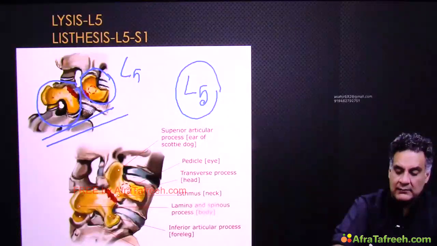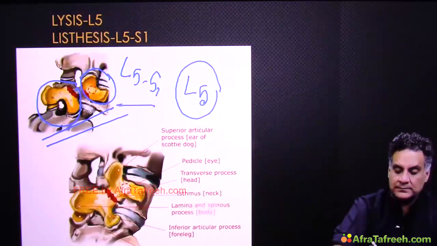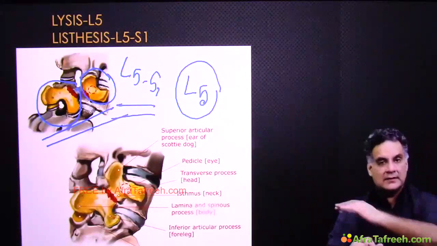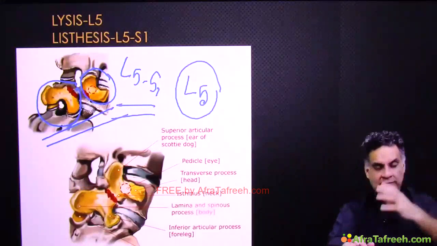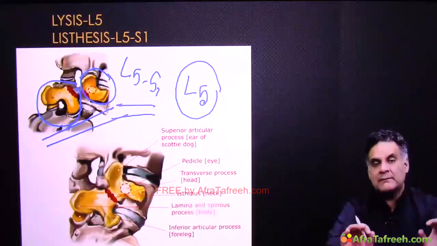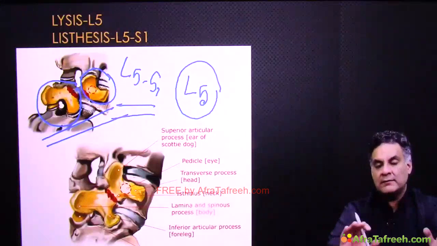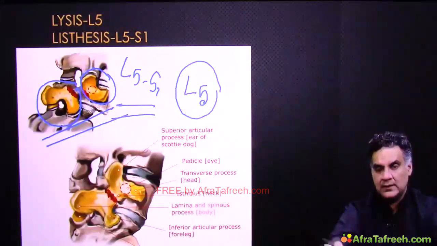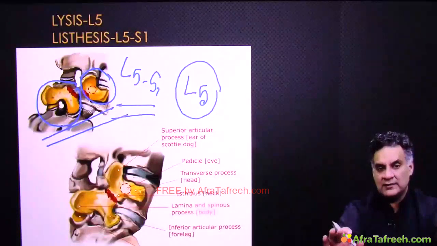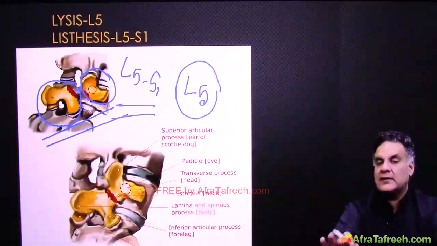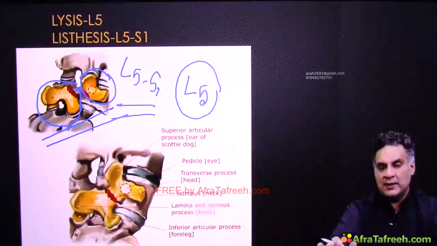Listhesis occurs between L5 and S1. When this breaks down and the head falls, it is called the beheaded Scottish Terrier sign or beheaded dog sign. So L5 spondylolysis, L5-S1 spondylolisthesis, L4-L5 disc prolapse.